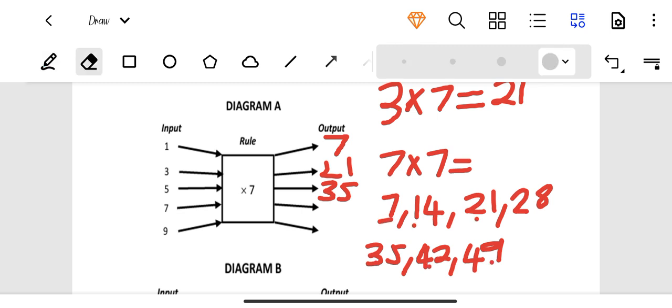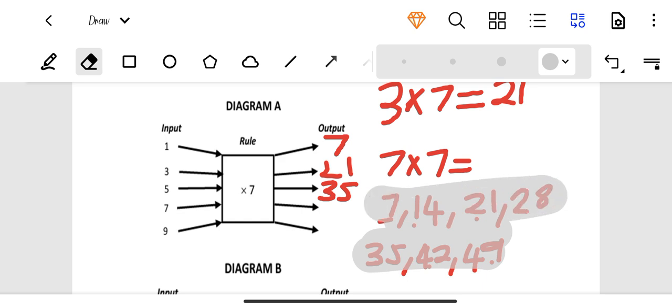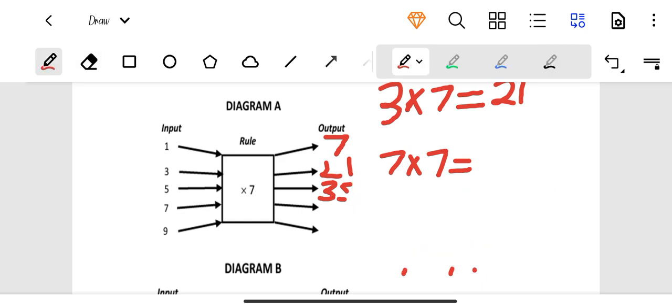So the answer is going to be 49, and I put it on the fourth one. Now we have 9 multiplied by 7, which is going to be 63. That's how you find the output.